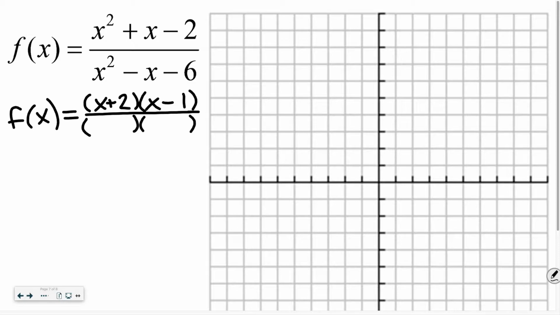Our denominator. Kaylin, what does our denominator factor to? x minus 3, x plus 2. What happens? We can cancel.